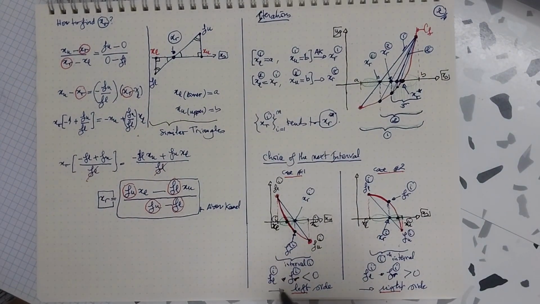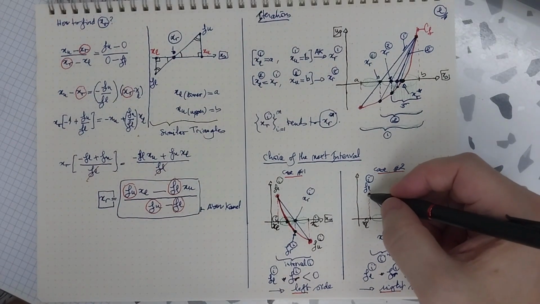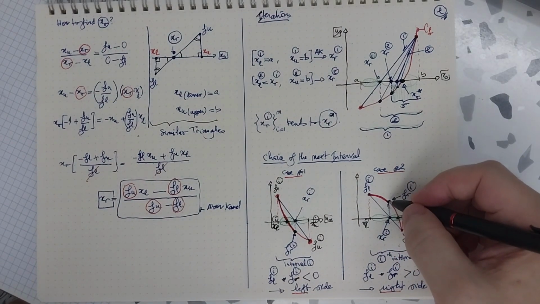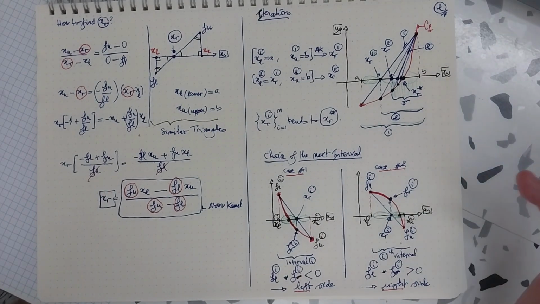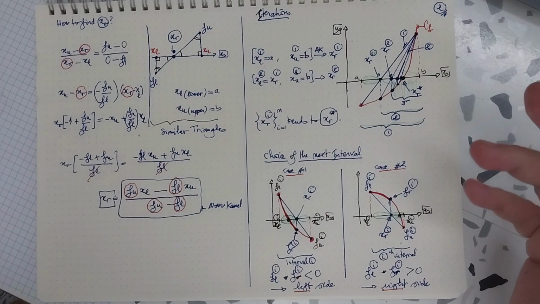That's what it means that FL and FR have different signs. And if they both have the same sign, it's impossible that this arc cuts the x-axis. So it is at the right. So it's very easy to understand and to remember.